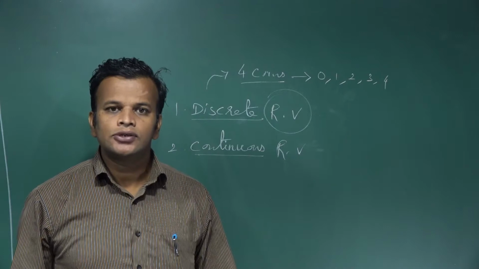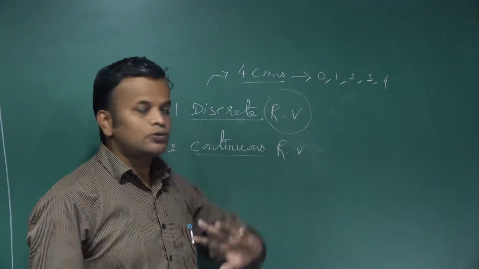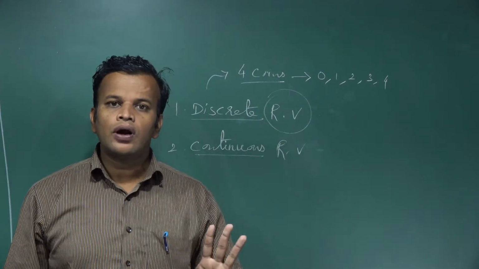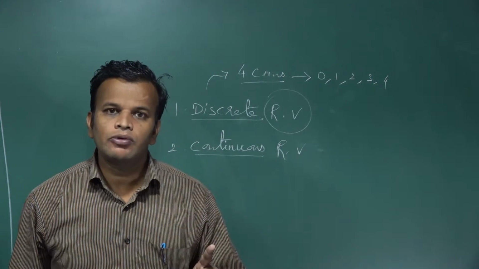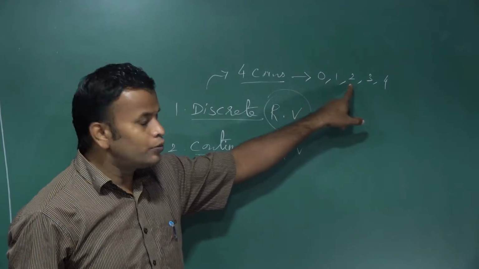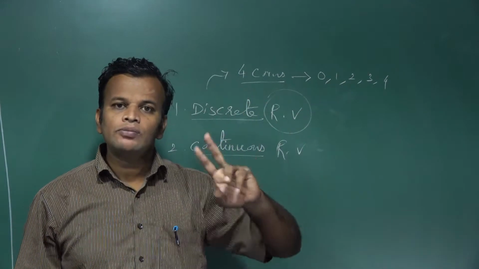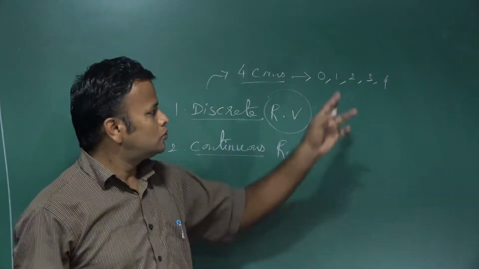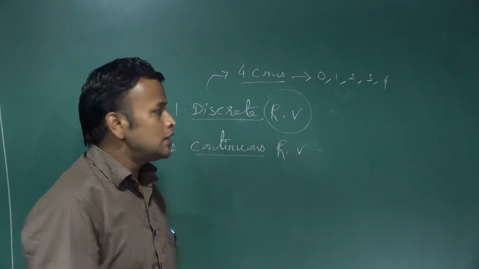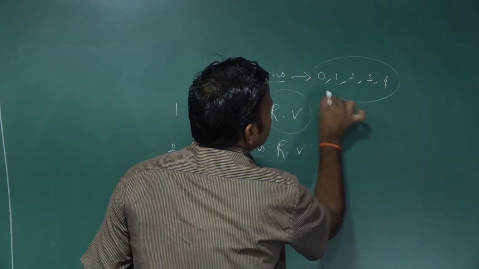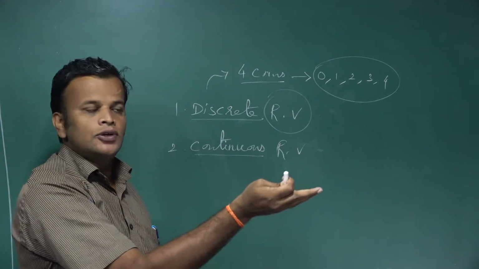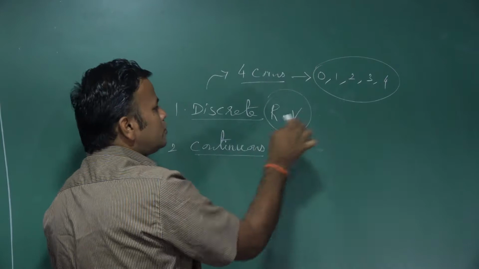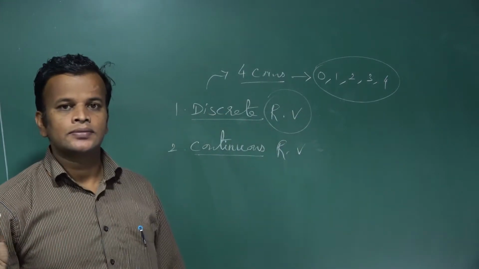There is a chance, so the random variable value is 0. Out of 4 coins, any one coin will be head, so the random variable value is 1. 2 means out of 4 coins, 2 coins will be head. Then 3, 4. Now we see the random variable values are countable. These values start from 0 up to 4. So the random variable values are countable. It is called discrete.